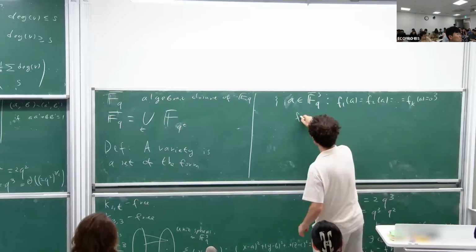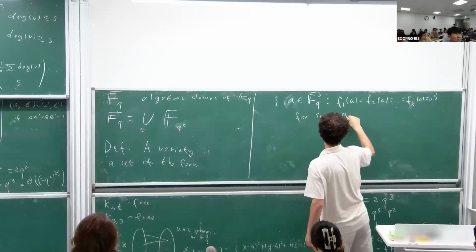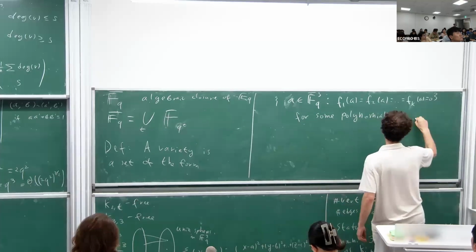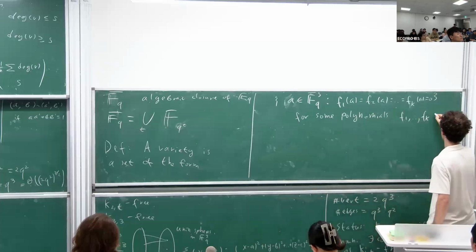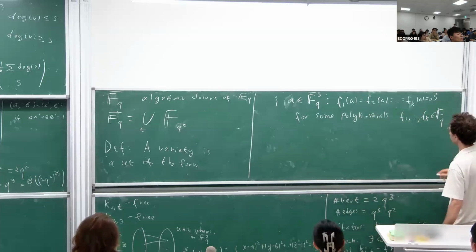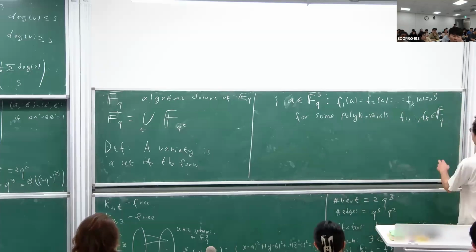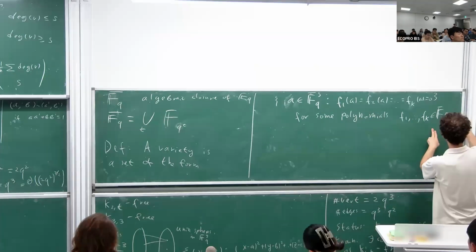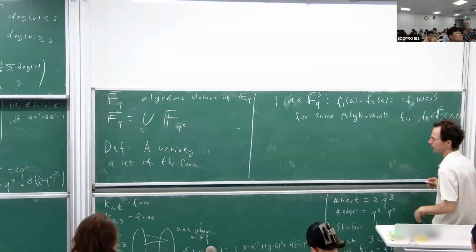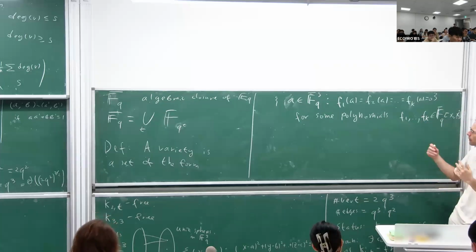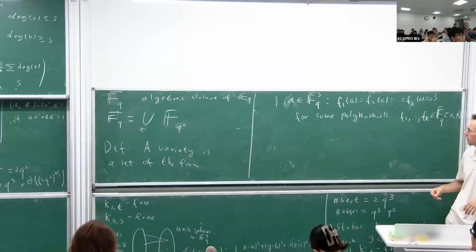So we have, for example, some polynomials in s variables, any number you like, and we look at their common set of solutions, the points in F_q bar^s where the polynomials are zero.